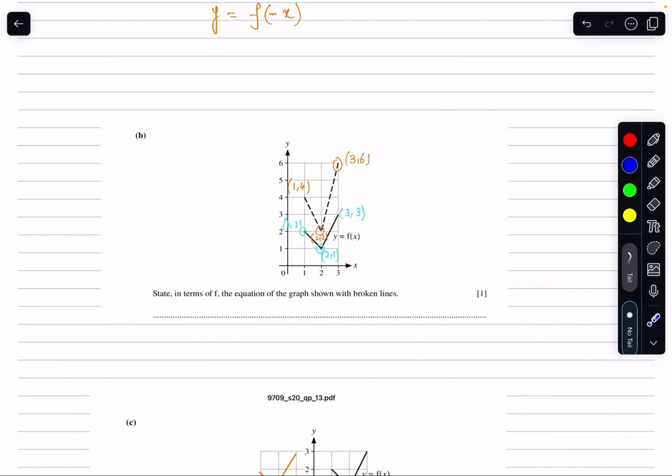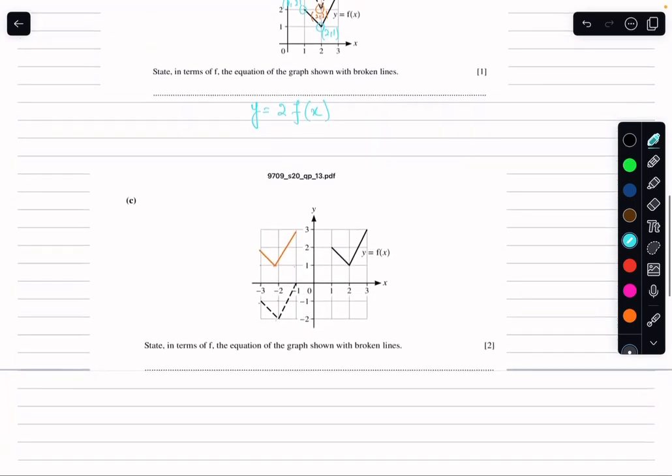So obviously the stretch has taken place here, and it is a stretch in the vertical direction, along the y-axis. For such cases, I should simply say that the transformed equation is y equals twice f of x. So this is going to be the answer for the second part.